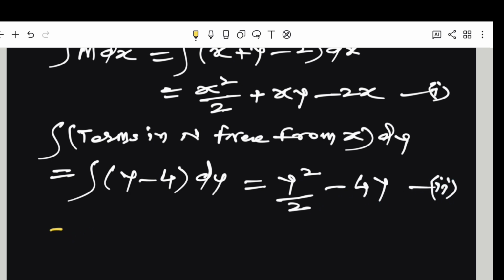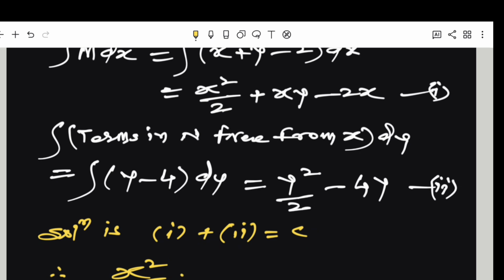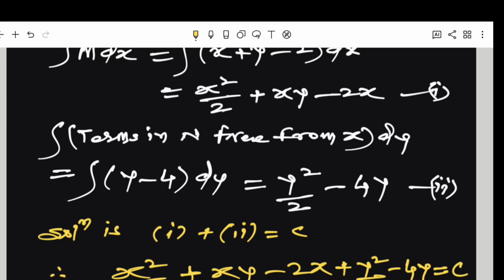Then the solution is the sum of these two, equated to c. And therefore for this particular example, the solution is x square by 2 plus xy minus 2x plus y square by 2 minus 4y, equal to c as the required answer.